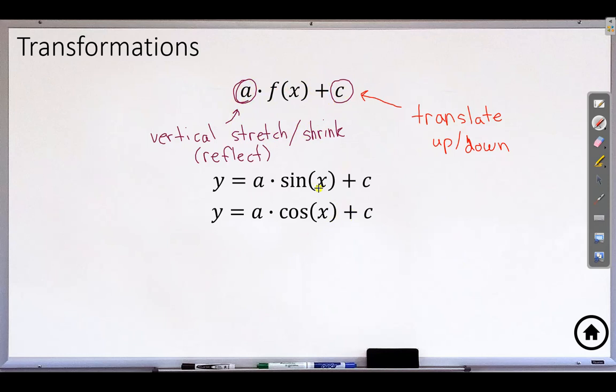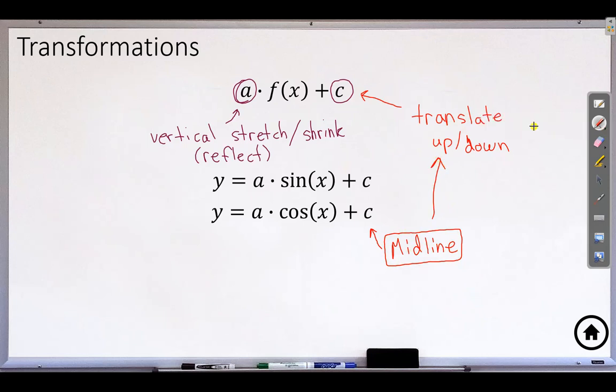Now, when we do it with our waves, with sine and cosine, those transformations have special names. So if you change the c value, if you move a wave up or down, you are changing the midline. So there's an imaginary line through the middle, and that's how we measure the vertical translation.